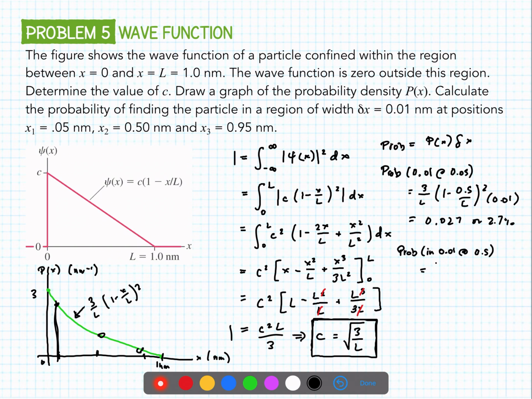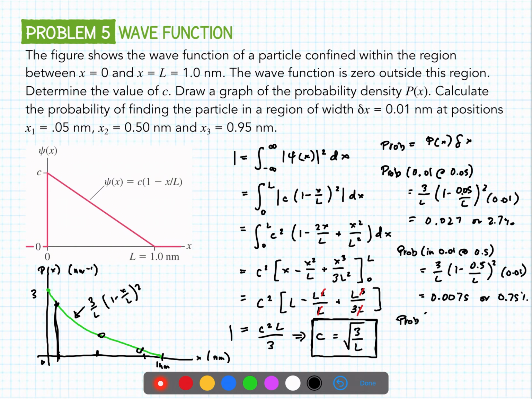Sorry, that should have been a 0.5. That's going to give you 3 over L times (1 minus 0.5 over L) squared times 0.01. So that's going to give you a smaller percentage, right? That should give you something like 0.0075 or 0.75%, so that's smaller than 2.7.